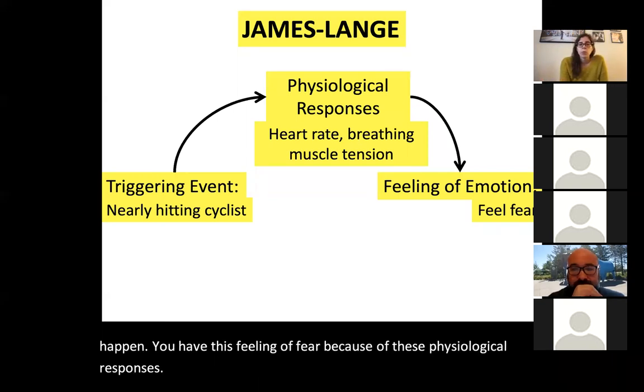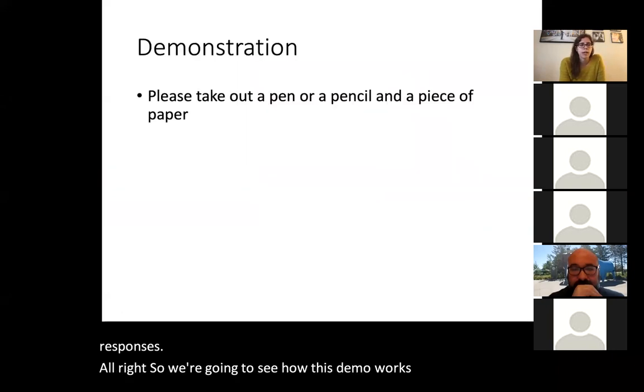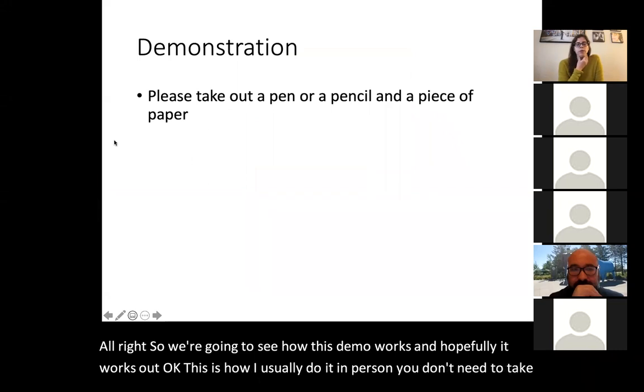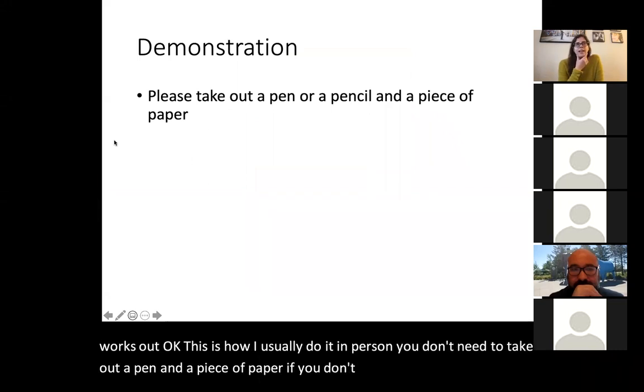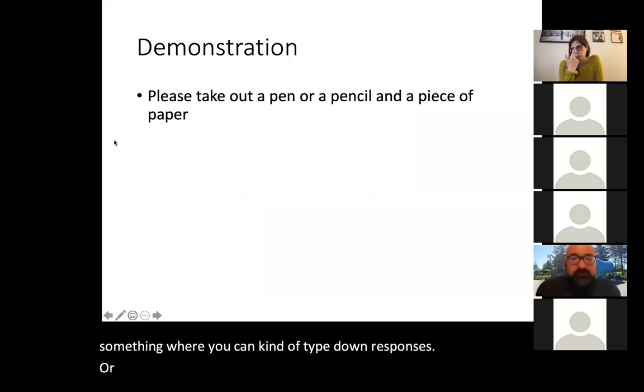All right, so we're going to see how this demo works, and hopefully it works out okay. This is how I usually do it in person. You don't need to take out a pen and paper if you don't want to, but at least have something where you can type down responses. It'll just be one number, one response.